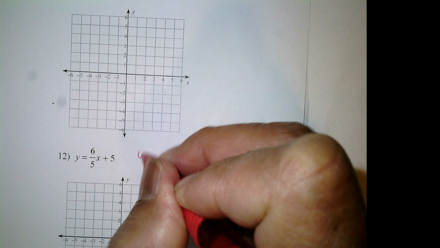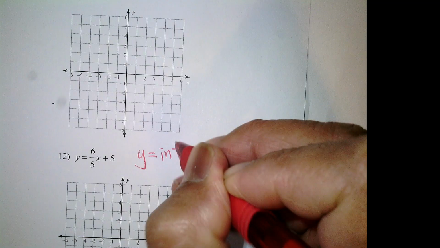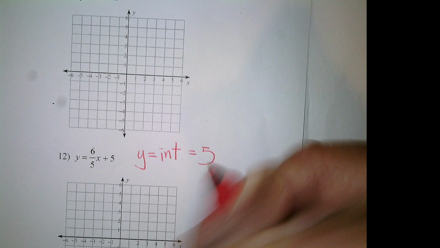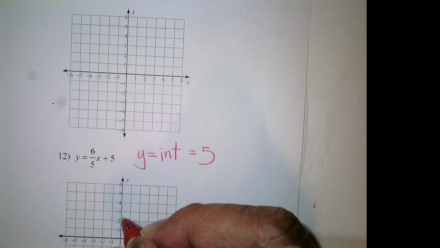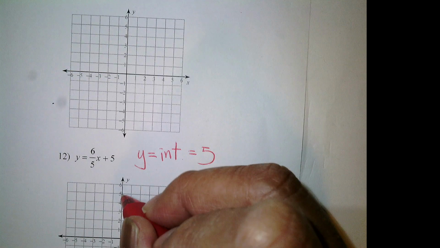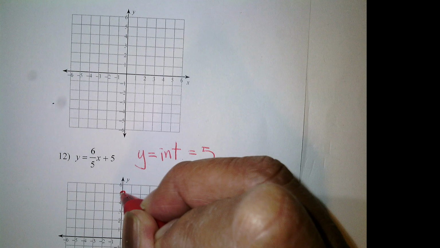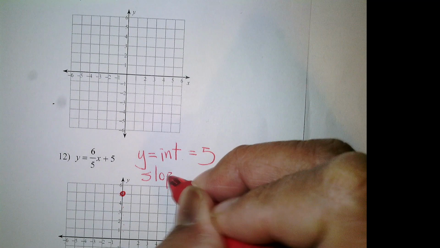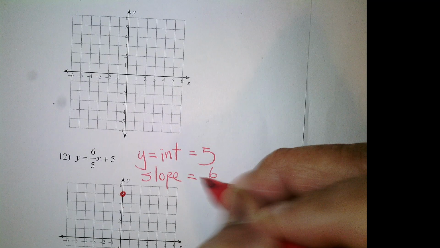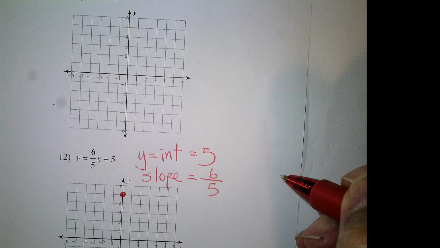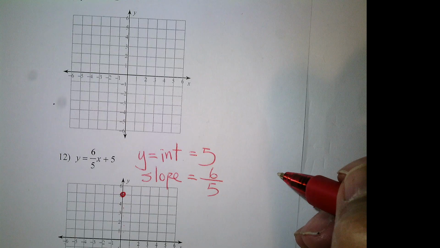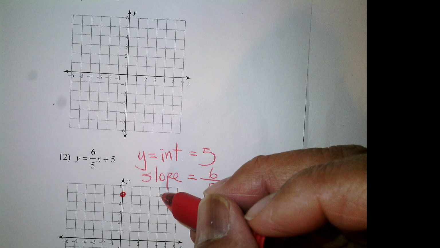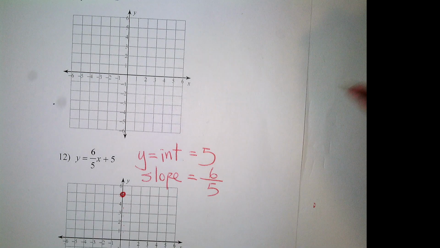Identify the y-intercept, which is 5. 1, 2, 3, 4, 5 right here. Okay. And the slope is 6/5. So you just go 5 and up 6 and you get a line.